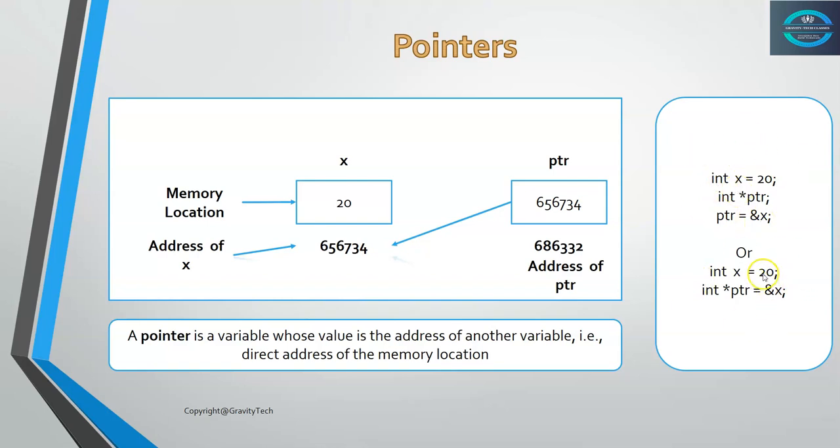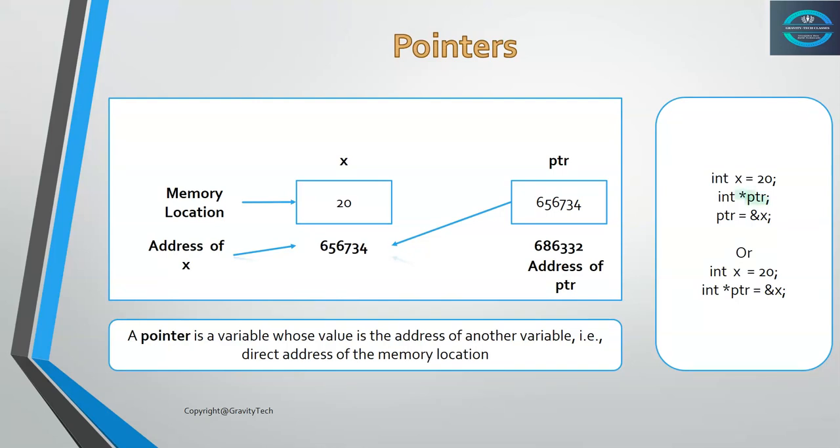These are the two ways you can basically declare and use pointers. So in this case, x is a variable of integer type which has 20 as a value, so int x is equal to 20. Now ptr is a pointer, so that's why we use a star. Star is used with pointers only. So star ptr, what does this really mean?